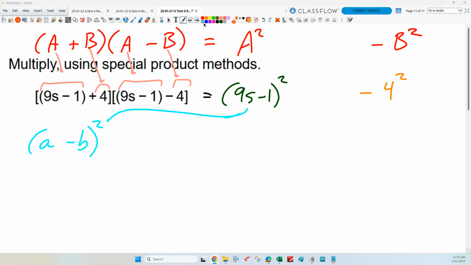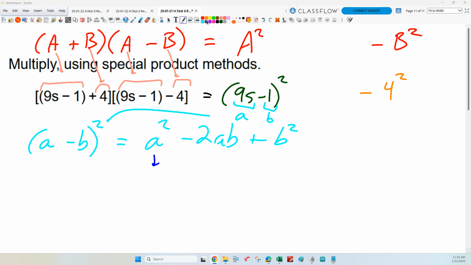9s, good. Oops. What's my B? B is 1, good. Okay. And A squared minus B squared, what is that pattern? Okay, and we know what those are, right?